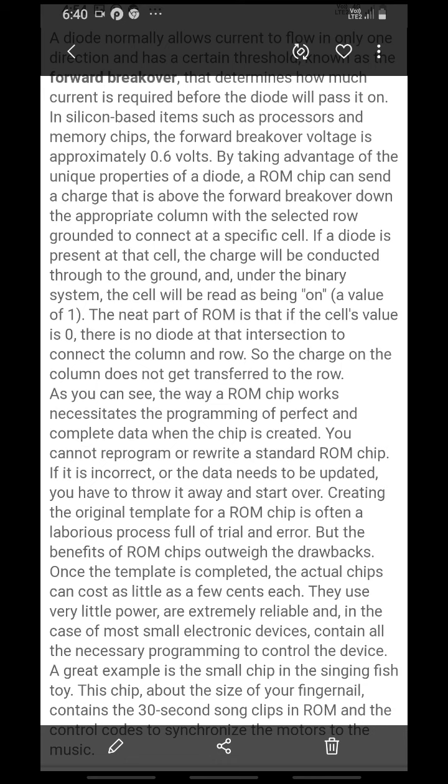A great example is the small chip in the shining fish toy. This chip, about the size of your fingernail, contains the 30-second song clips in ROM and the control codes to synchronize the motors to the music.